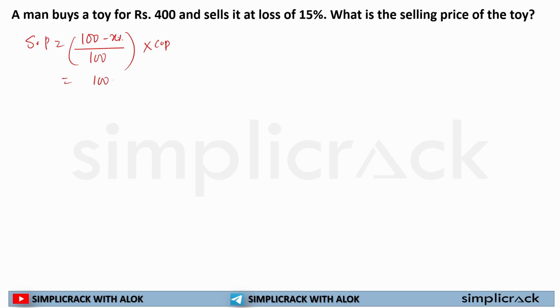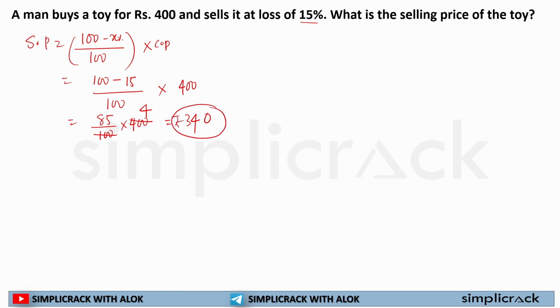So 100 minus percentage of loss, that is 15, divided by 100 into cost price, that is 400. 100 minus 15 is equal to 85 divided by 100 multiplied by 400. So 400 divided by 100 will be 4. 85 multiplied by 4 is equal to 340. So this is your answer.